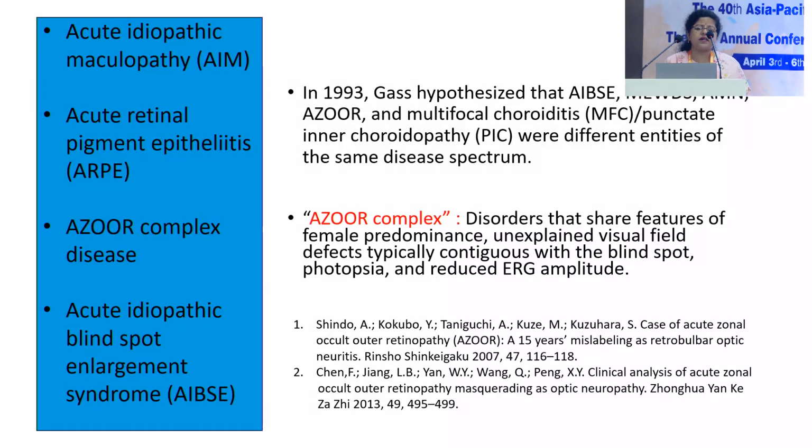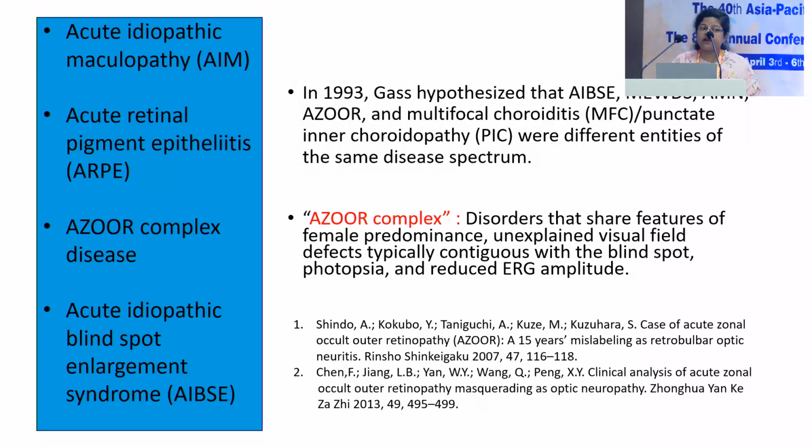There are so many diseases, so I have categorized some diseases accordingly. One group, as we can see on the left side, is acute idiopathic maculopathy, acute retinal pigment epitheliitis, AZOOR complex, and acute idiopathic blind spot enlargement.